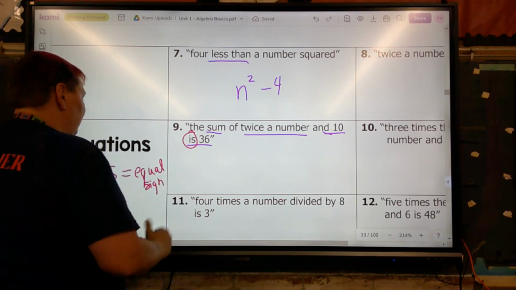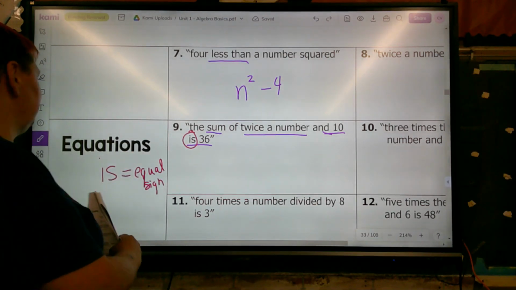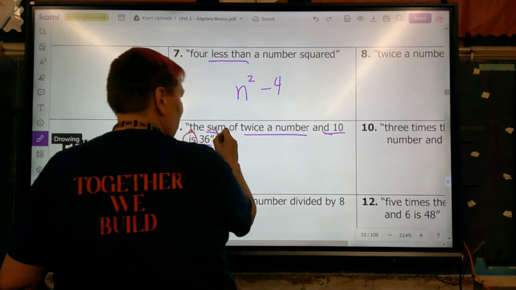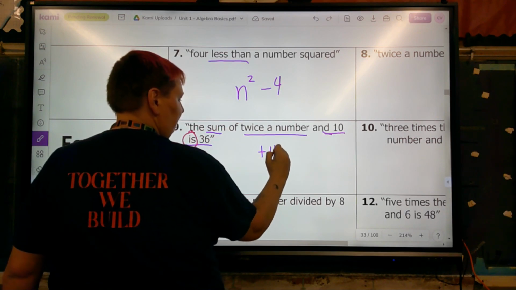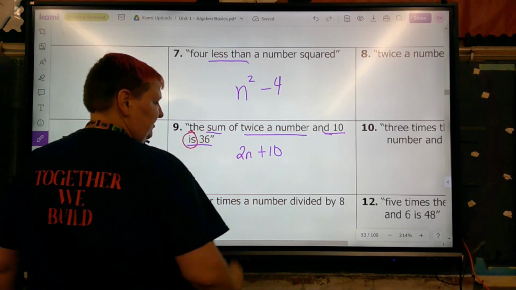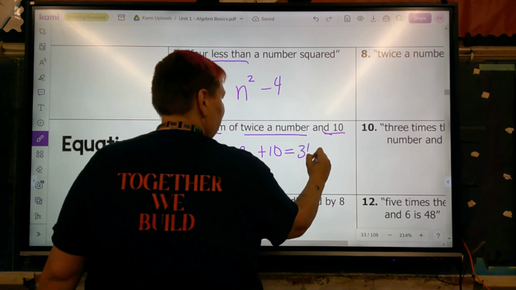It's the key word for your equal sign. All right, so let's write it slowly and carefully. The sum, so we know there's going to be a plus, and you're going to add 10, of twice a number, so 2n, is 36.